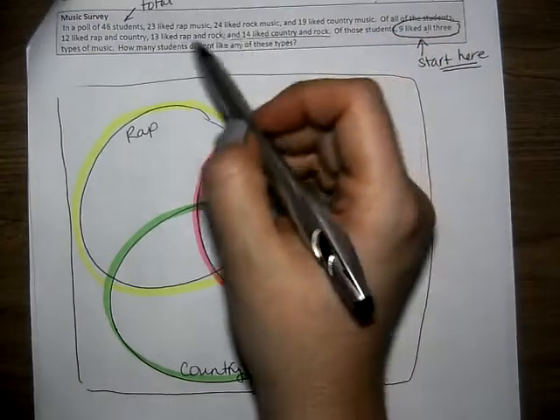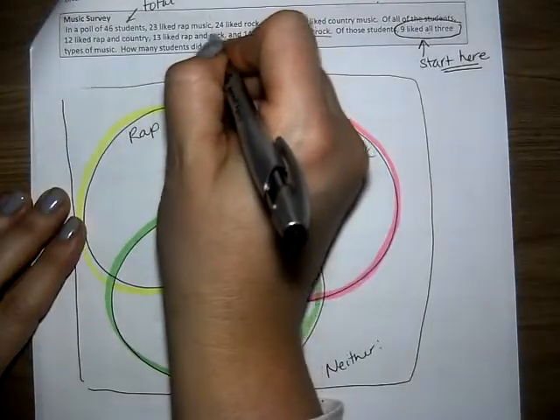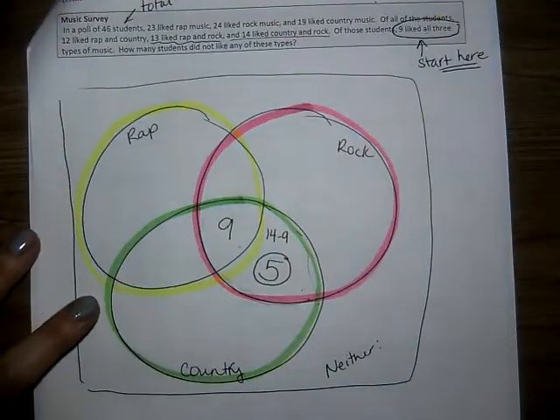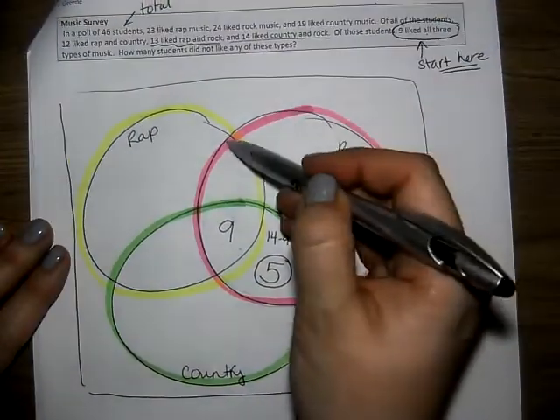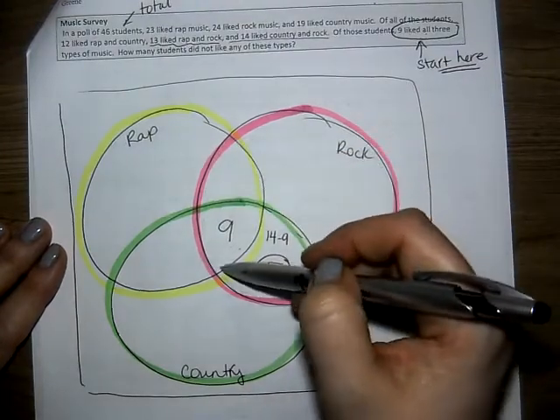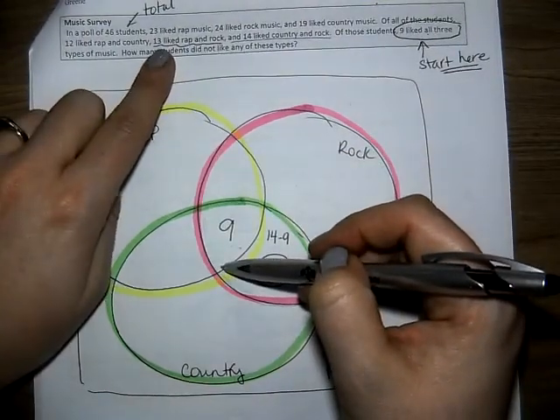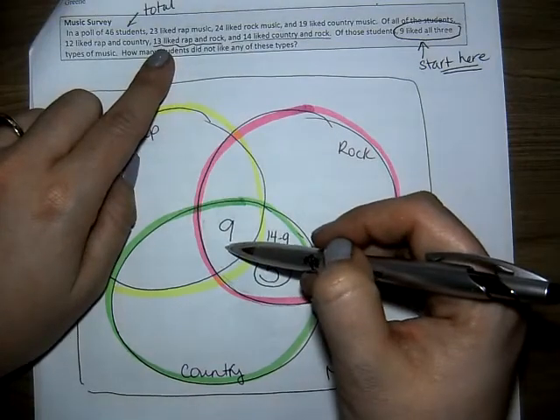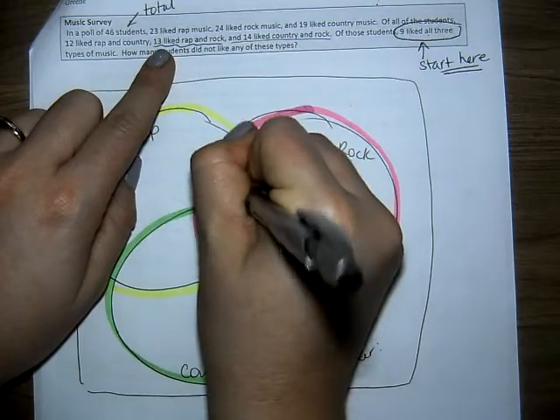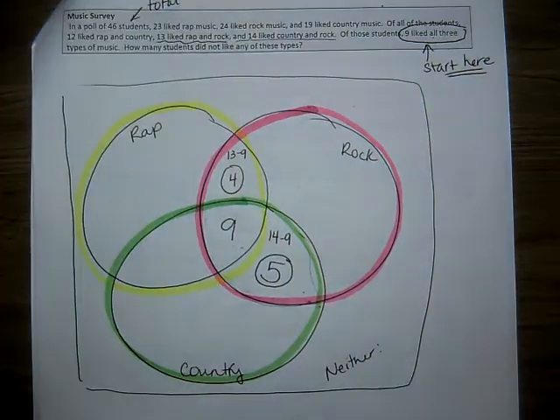Within that almond, I should be able to see 14 people that overlap in both rock and country. Okay, so now I take a step out again. 13 liked rap and rock. So I find that overlap, rap and rock, which is this yellow and pink almond. 13 total liked it, but I have 9 accounted for. So I'm going to do 13 minus 9, so that means just 4 people liked rap and rock.